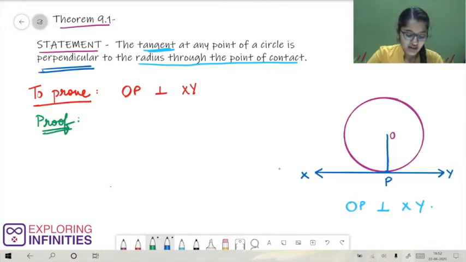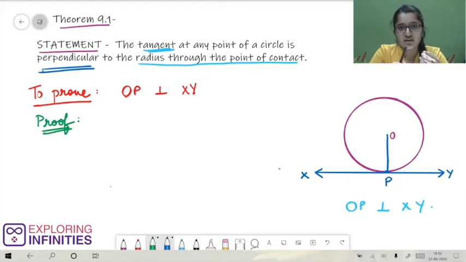Proof. In order to prove this statement, we are going to use a method known as the method of contradiction. In this method, we assume that the statement given to us is wrong. Then, we proceed to prove that our assumption leads to a fallacy. That means, we try to prove that our assumption is wrong.